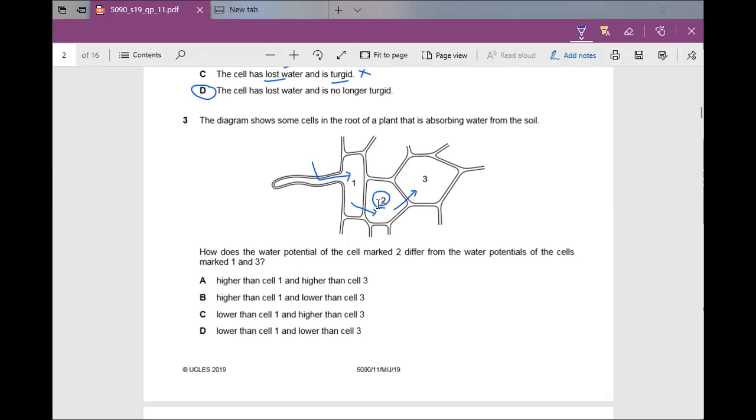It means first it has to receive from one cell, then supply to cell 3. So the option is lower than cell 1 and higher than cell 3. It has lower water potential than cell 1, that is why it is receiving water from cell 1, and higher than cell 3, that is why it is supplying water to cell 3.